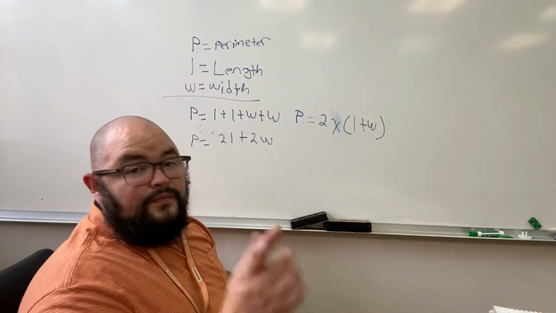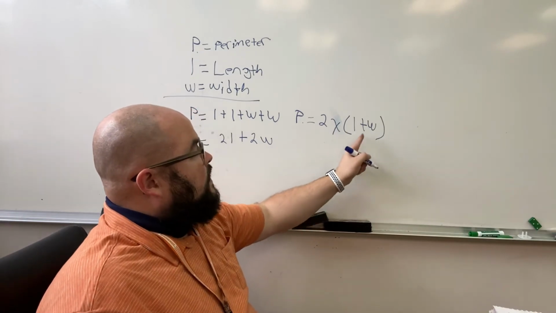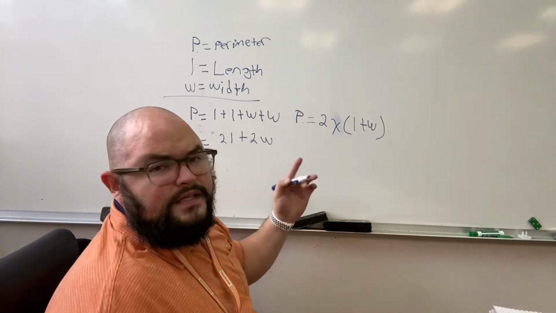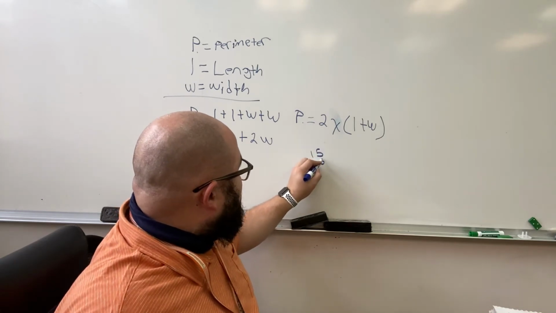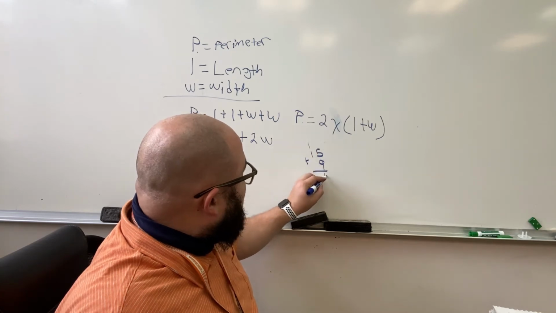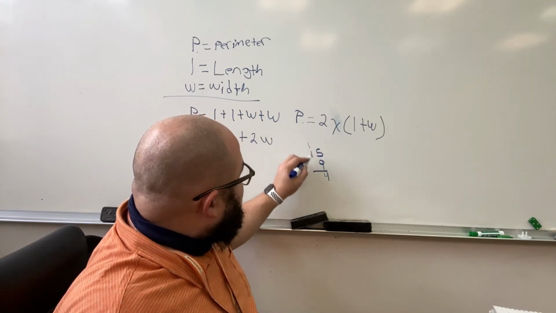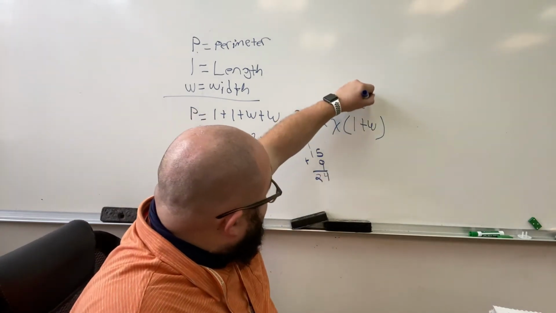So remember, when we do PEMDAS, we start with our parentheses first, right? Length plus width. And then we're going back to that one we were using. So it'd be 15 plus 9, 10, 11, 12, 13, 14, right? And 1 plus 1 is 2. So we have 24 in the parentheses.